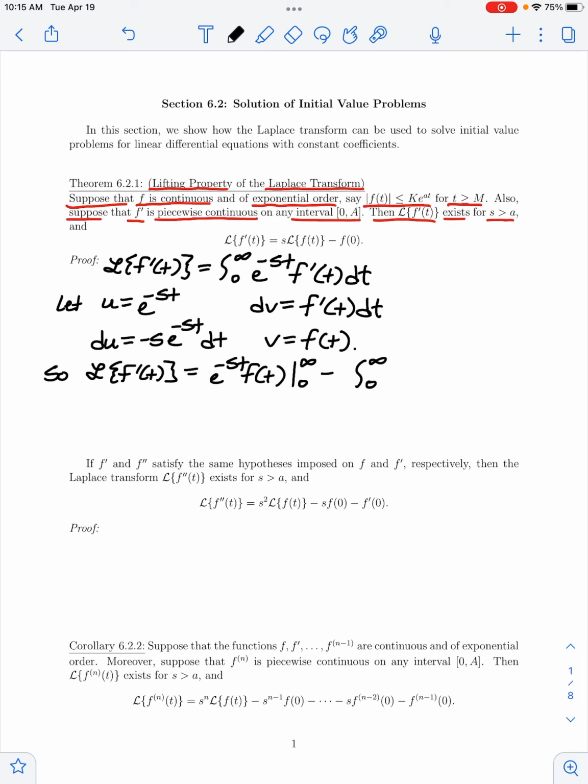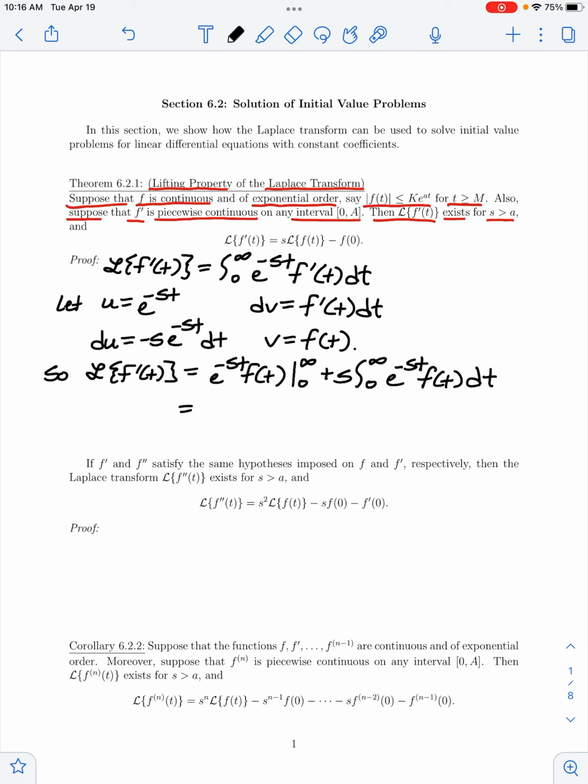So for v times du, I have a negative s, which I can bring out in front, giving me positive s times the integral of e to the negative st f of t dt.